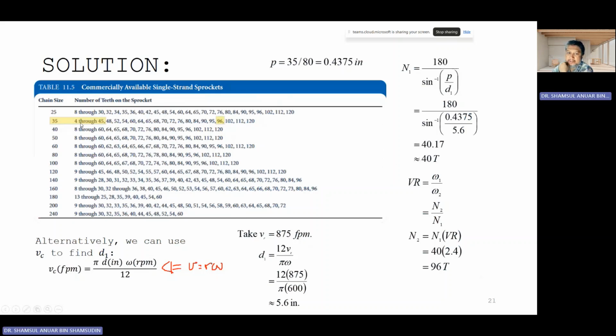So we have 40 teeth in chain number 35. 40 teeth is within this range. So that is available, and to get 2.4, our N2 needs to be 96. So we have a 96 there.